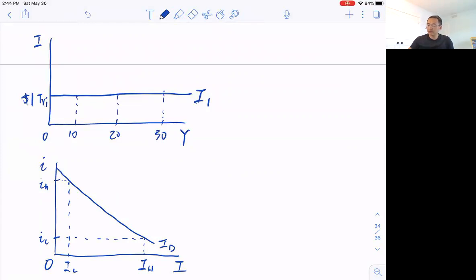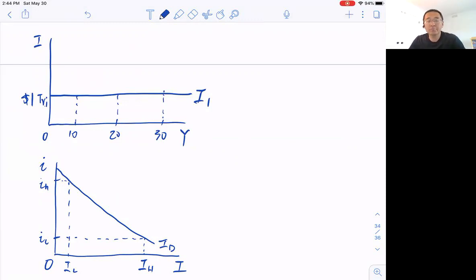Now let's think about this for a second, right? So we said in class before, most investment happens with borrowed money. So interest rate measures how much cost there is to borrow money, right? And hopefully this makes sense. If interest rate is really high, then that means it's costly to borrow money to invest.